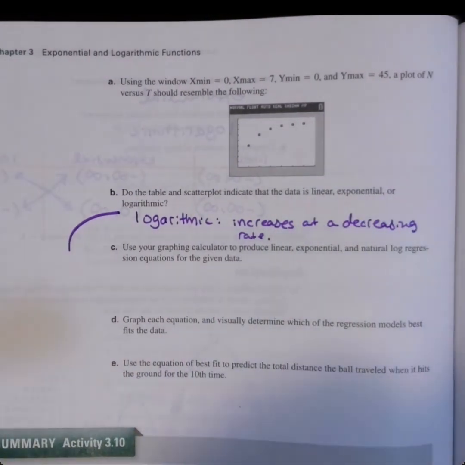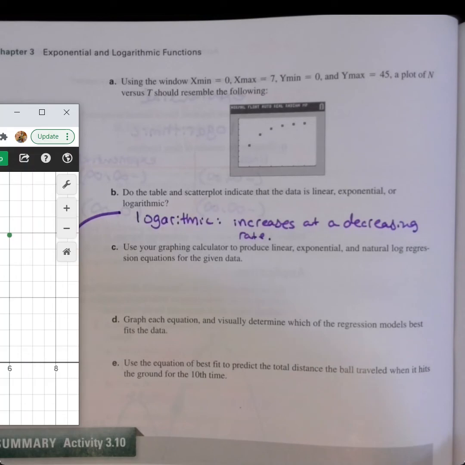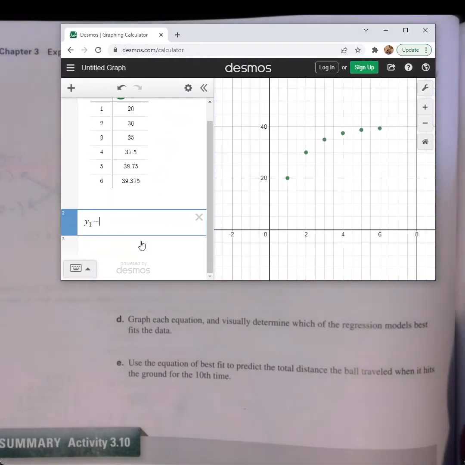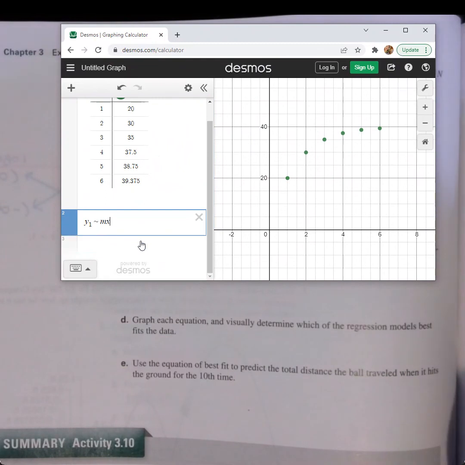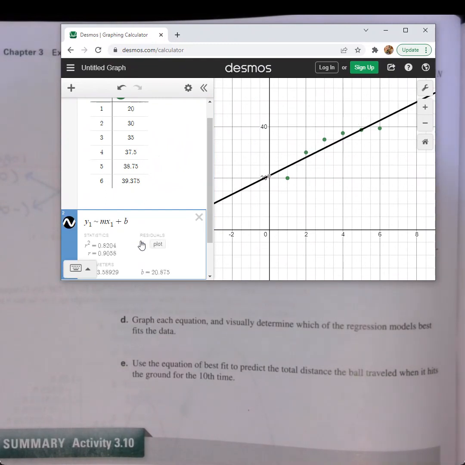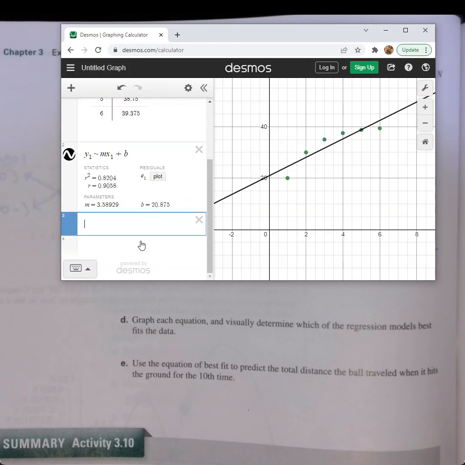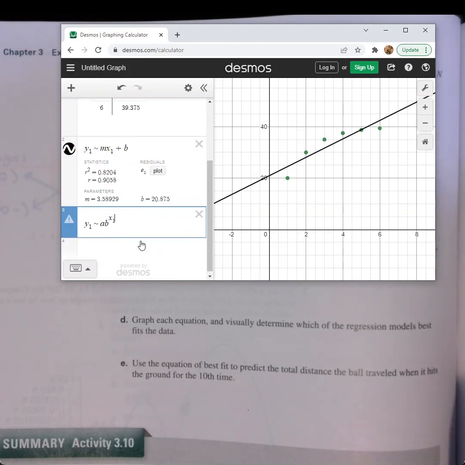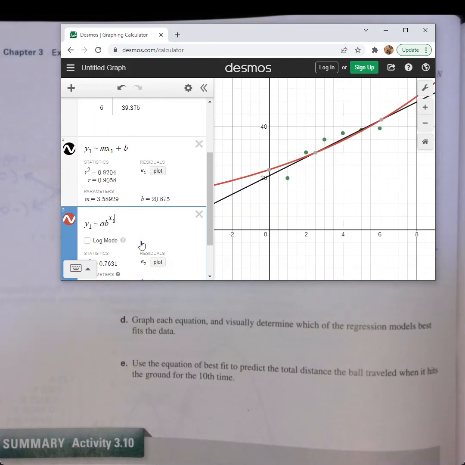Produce each regression. Okay. So the linear, y1 approximately mx1 plus b, not too good. Exponential, y1 approximately ab to the x1, not too good. Even if I turn on log mode, even worse.